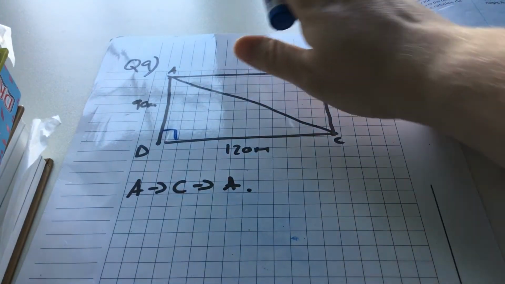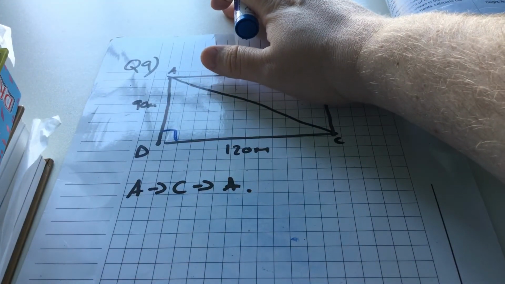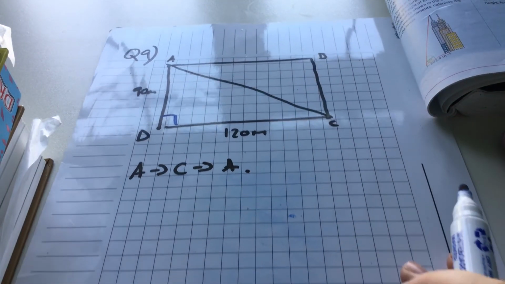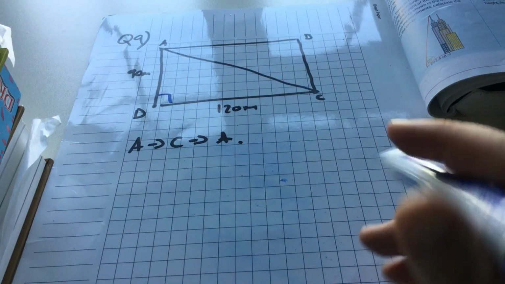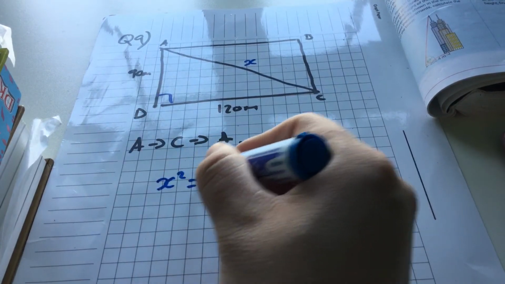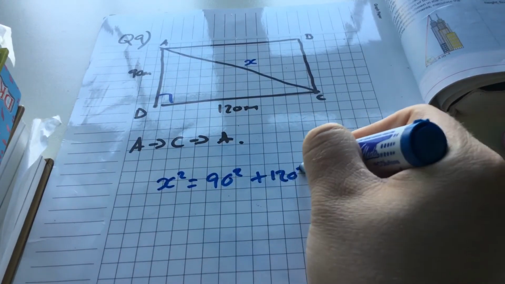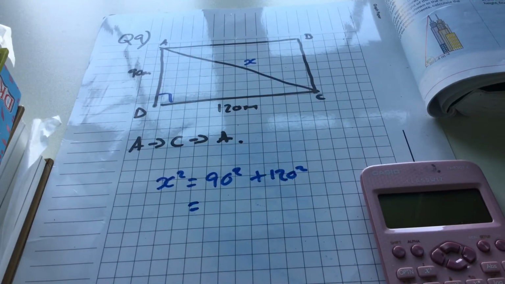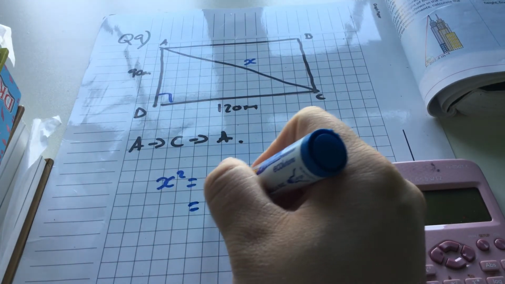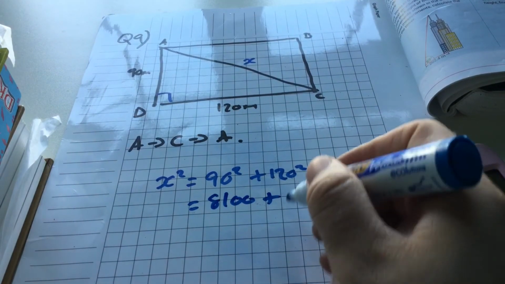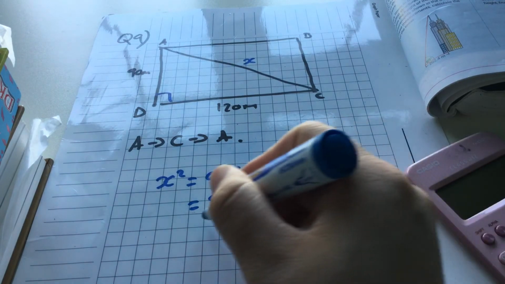Okay, if I ignore this half of this rectangle, I have a right angle triangle. I have 90, I have 120, I'm looking for AC. So this is actually Pythagoras' theorem, where AC, if I call that x, x squared equals 90 squared plus 120 squared. 90 squared is 8,100. 120 squared is 14,400.